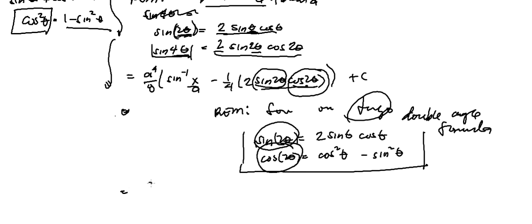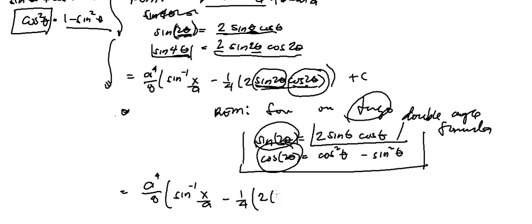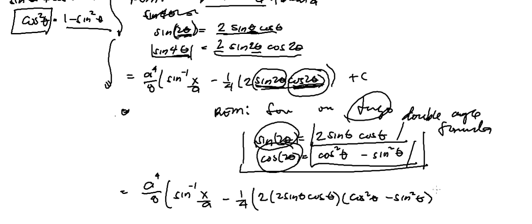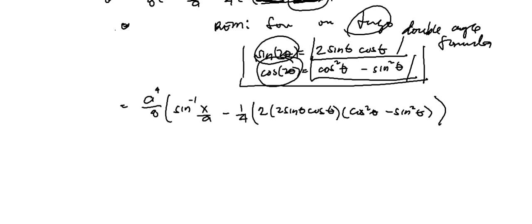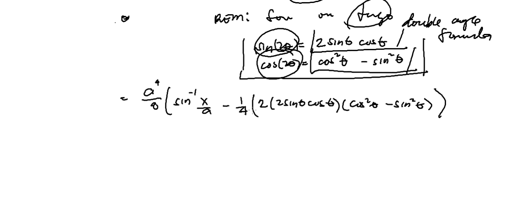So let us substitute the value of sine 2 theta and the cosine 2 theta. So what we have is sine inverse x all over a minus 1/4 times 2 times sine 2 theta, which is 2 sine theta cosine theta, by cosine 2 theta, which is cosine squared theta minus sine squared theta. Then 2 times 2 is 4, but 4 times 1/4 is just 1.